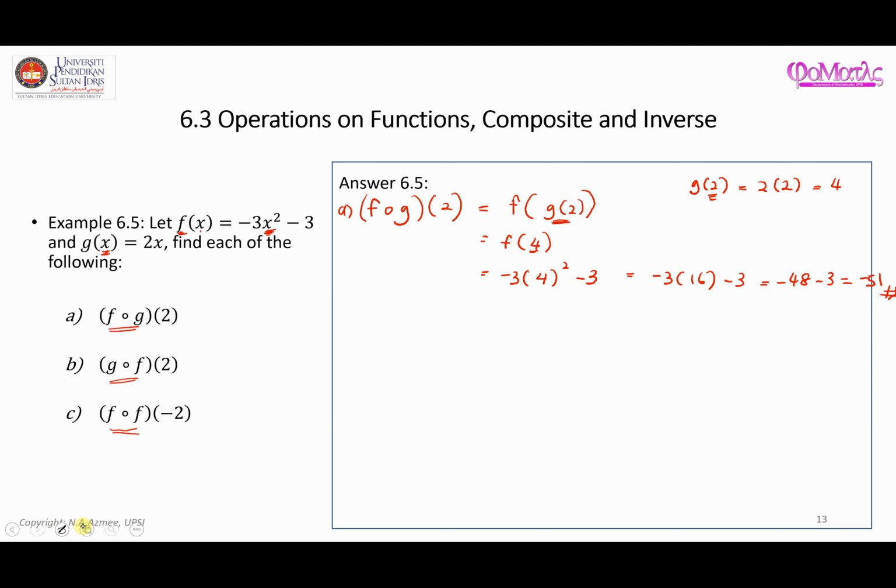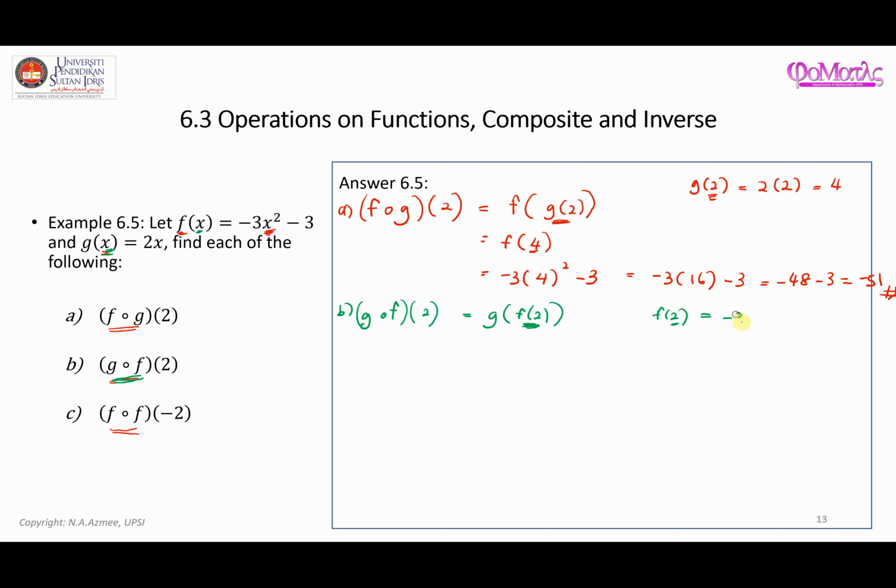How about the second one? The second one is g compose f, where the value of x is 2. Basically we are going to substitute f(2) into x in function g, so our job is to find f(2). f(2) is obtained by substituting 2 into x in function f.